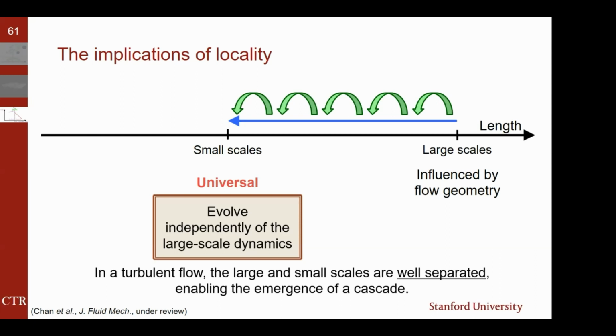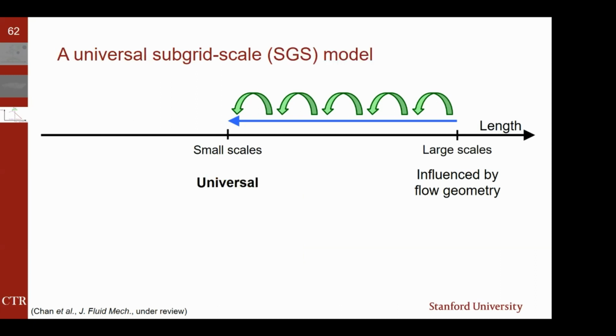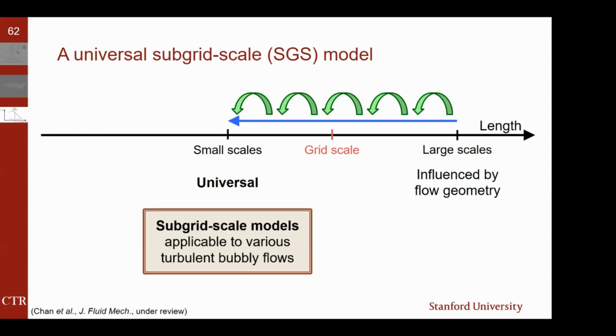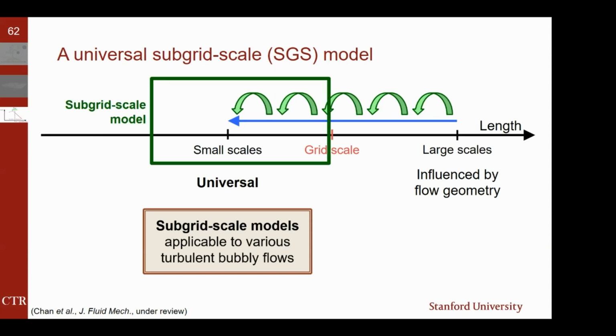So this enables us to use universal subgrid-scale models to model the behavior of the small scales, meaning that if I set the grid scale in between the small and large scales, I can apply a universal model in this region. And again, let me be a bit more precise. What I mean is that you can use the same model and apply it to a few turbulent bubbly flows, including breaking waves.